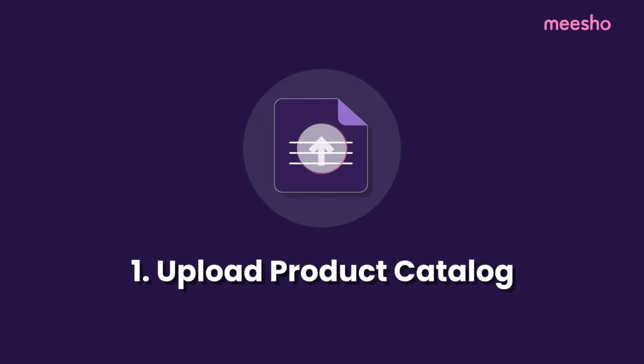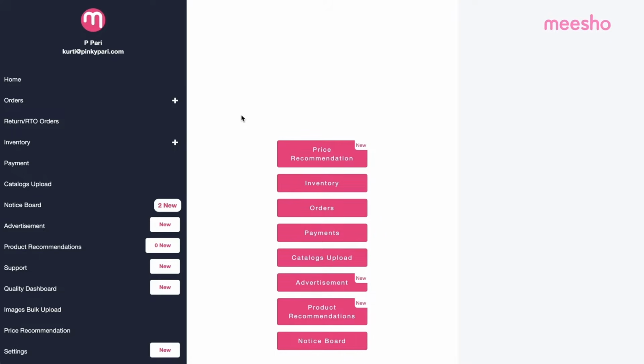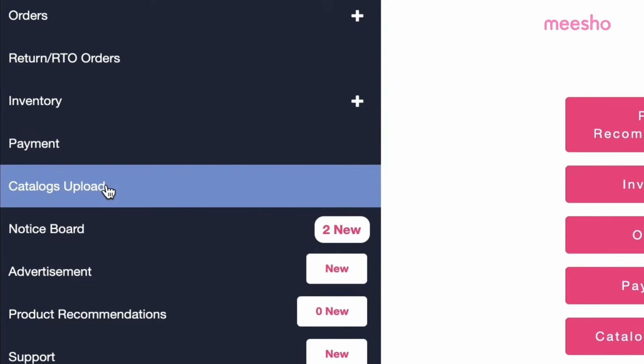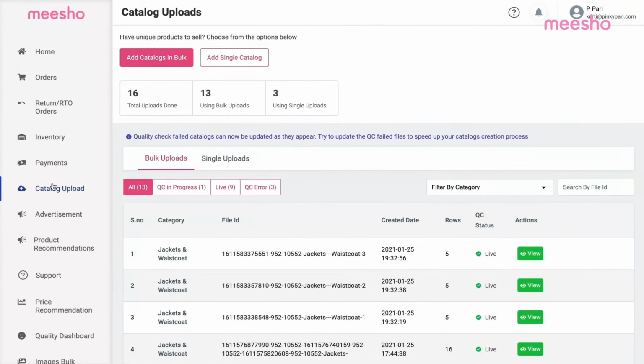How do I upload my product catalog? To add products to your online inventory, go to the Catalog Upload section visible on your supplier panel.